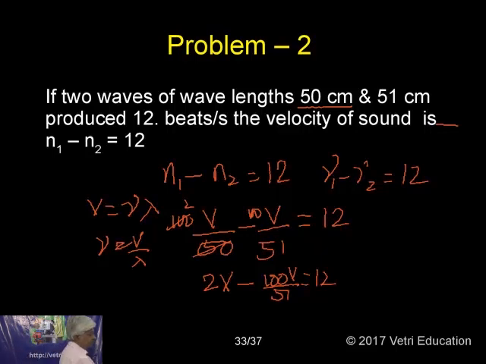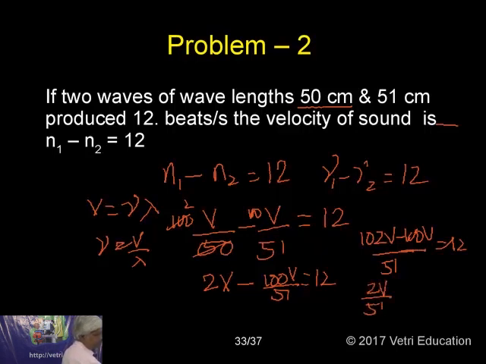Here also, the common LCM becomes 51. 51 into 2, again 102 V minus 100V is equal to 12. 102 minus 100, 2V by 51 is equal to 12.